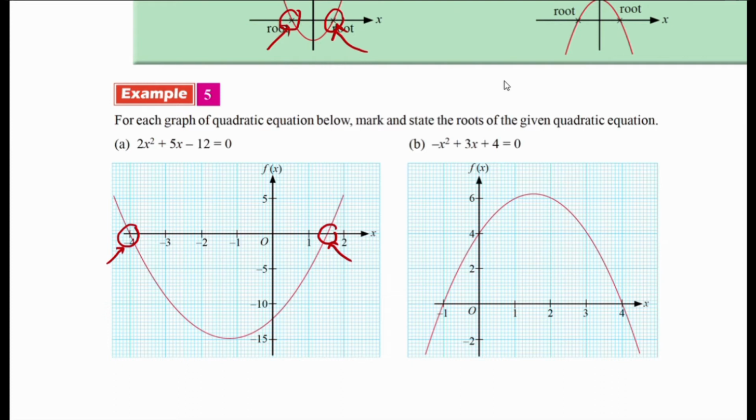So the roots of the quadratic equation for the first equation are -4 and 1.5.